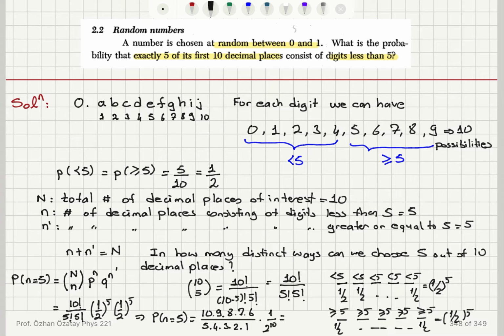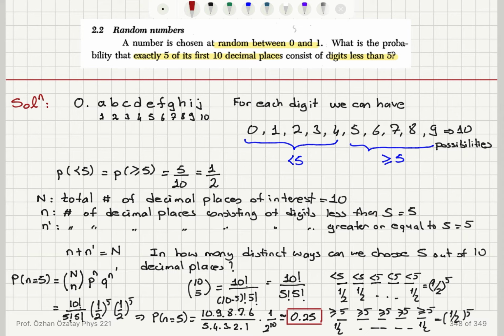So if you calculate this, the answer is 0.25. This is the final answer to the question.